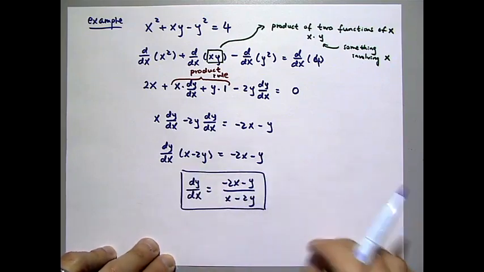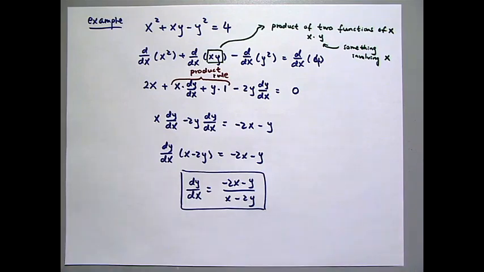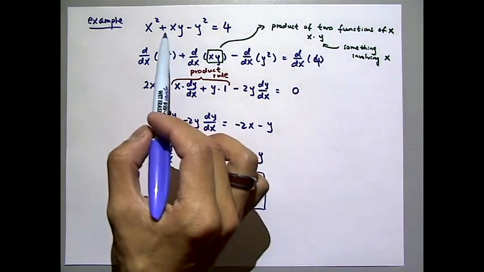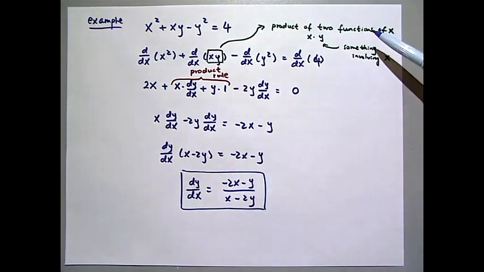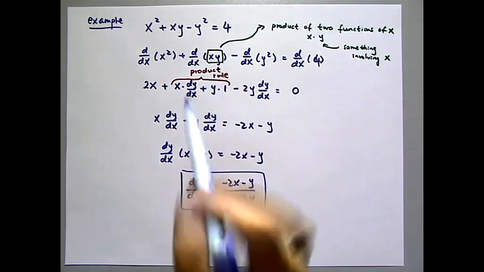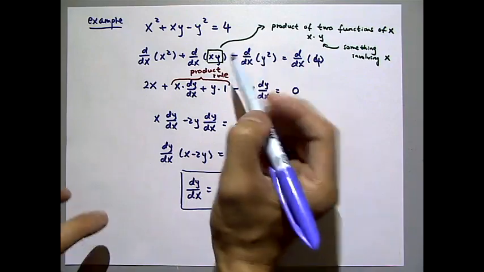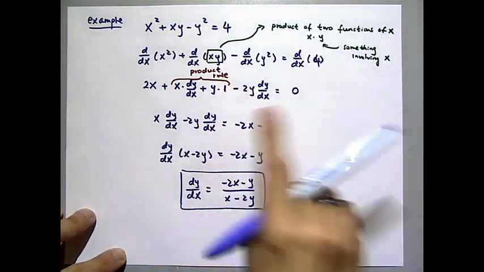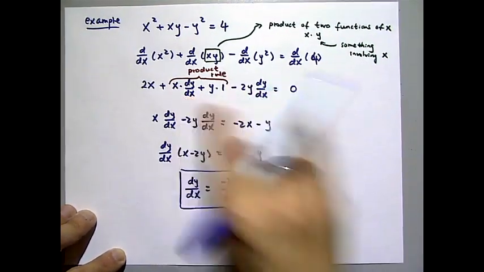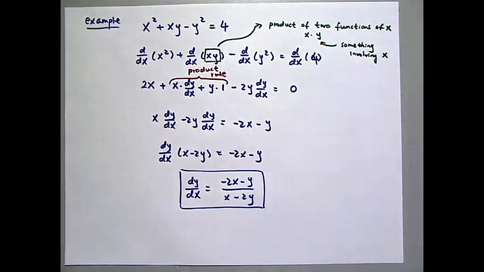And there we go. Okay, if this were x over y, then you would be using the quotient rule. And again, you've got to keep in mind, every time in any part of differentiation involving y, you have to tag on dy/dx. Any question on this example? All right, good.